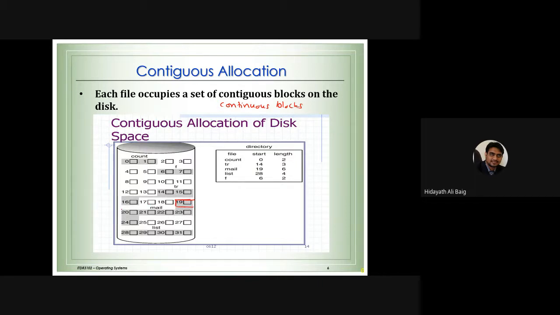So, continuous. These are the blocks given for that particular file. Continuous means the data is not here and there, like one block here, one block there. No, the allocation is contiguous, which is next to next.